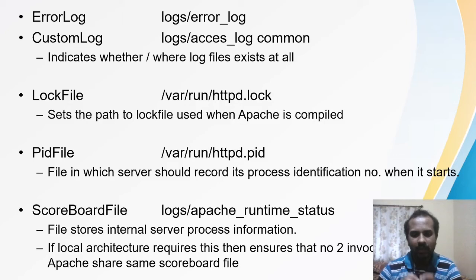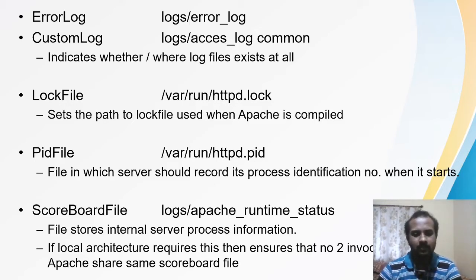So when you make a lock, it will be on a particular directory or particular file, or it will be on a particular region of the file. It sets the path to the lock file when Apache is compiled.